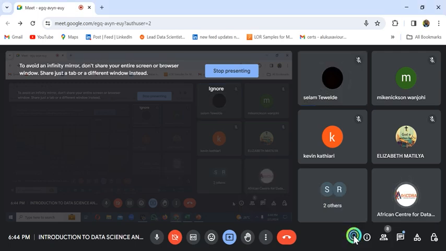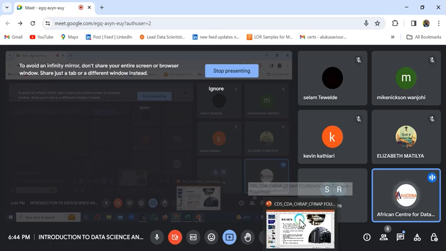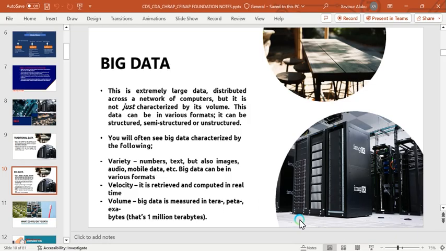Sorry for that. Okay, whatever I said is that we have what is called semi-structured data. Mostly you find a combination of images, text, and the numeric part, combined together. Yes, it can still be stored in a table format.